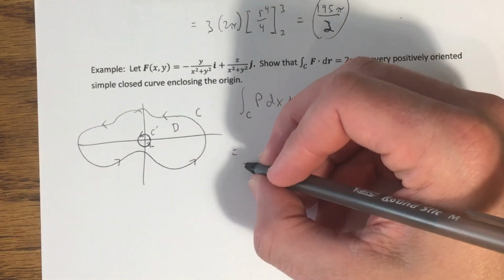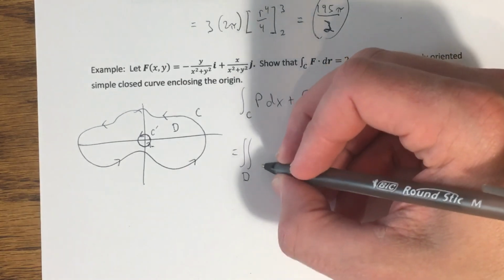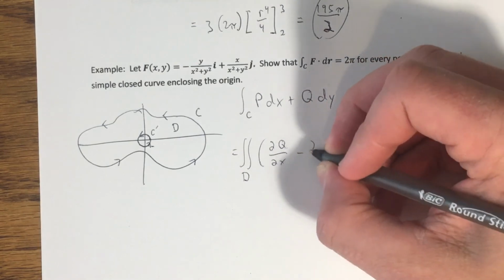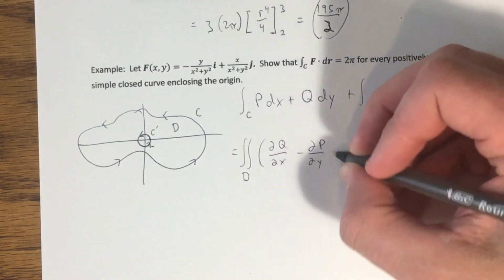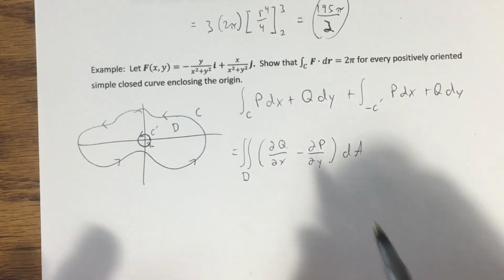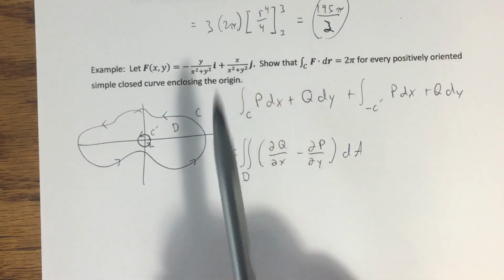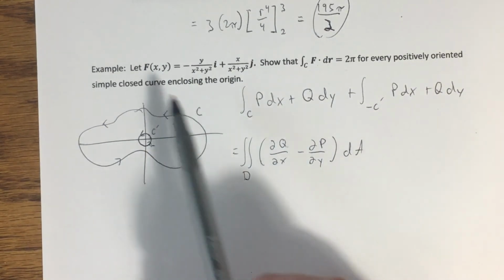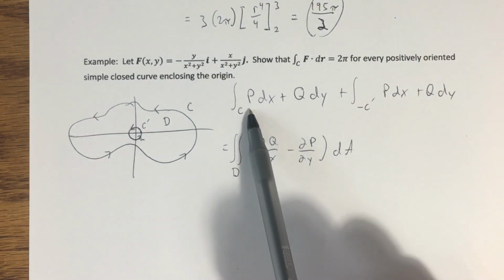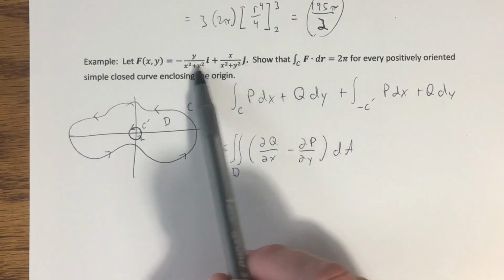According to Green's theorem, this would be equal to the double integral over D of this dA. Now, if you look at what P and Q are, because remember, the line integral of f dot dr is the same thing as this, P dx plus Q dy, where P and Q are the component functions for f.